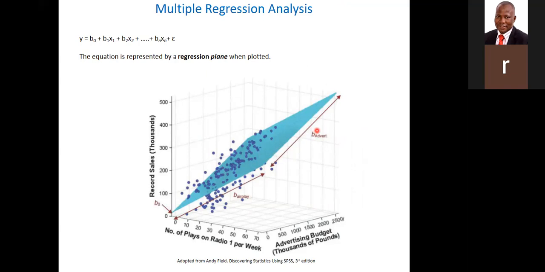If it is only one variable, simple regression, you can show it on the graph. But for multiple regression, the more variables you put into the data set, the more the shape changes.